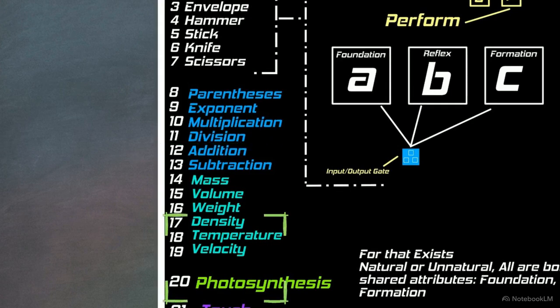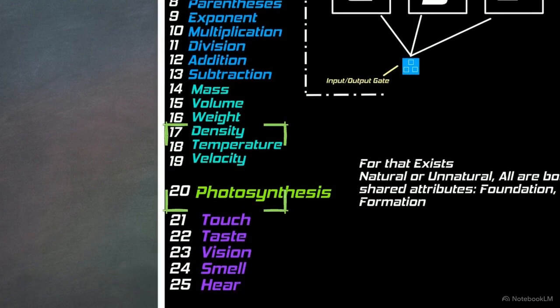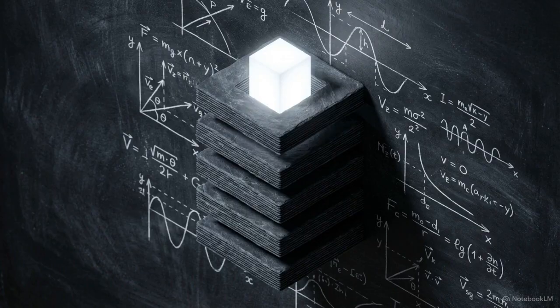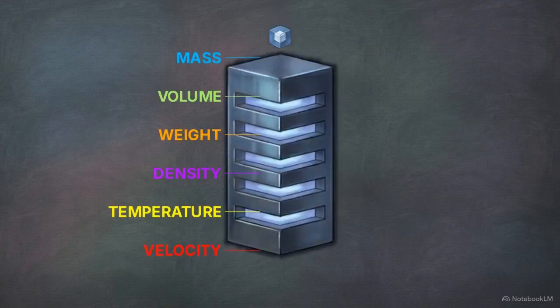Looking at the teal parameters, the second phase activates. Only after the math is fully resolved does the engine allocate physical states. A value passes downward through a rigid physical hierarchy, calculating mass, then volume, weight, density, temperature, and finally ending at velocity.